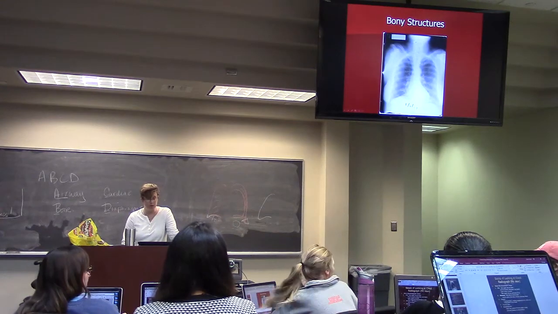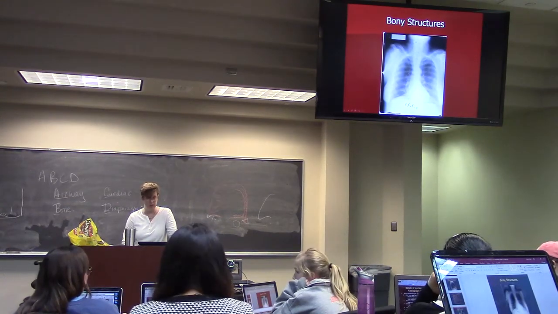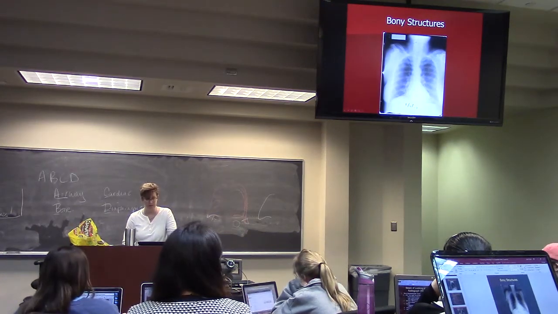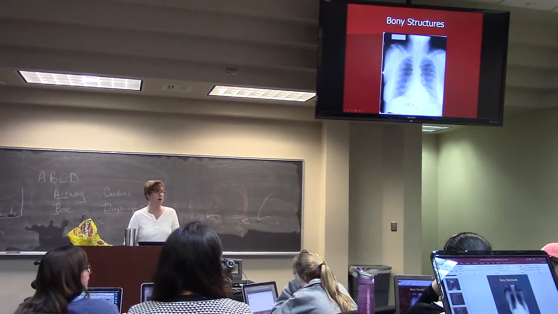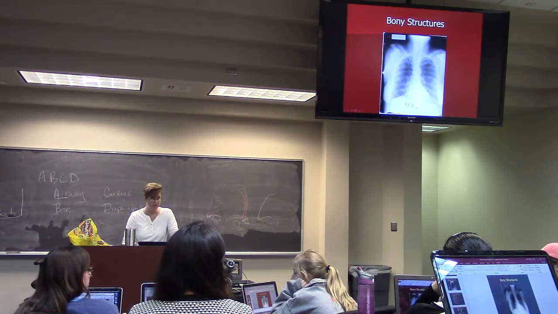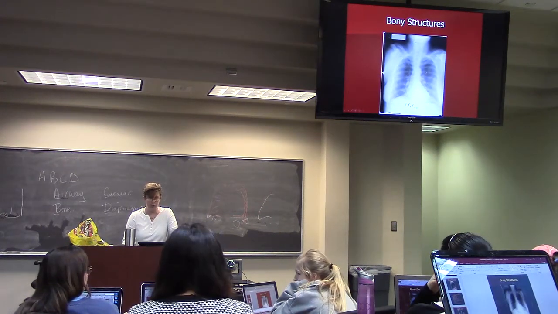So if you look at your ribs, look at your posterior, look at your anterior. And if it's going from right to left, that's fine. And then look at your clavicle. Look at your scapula.